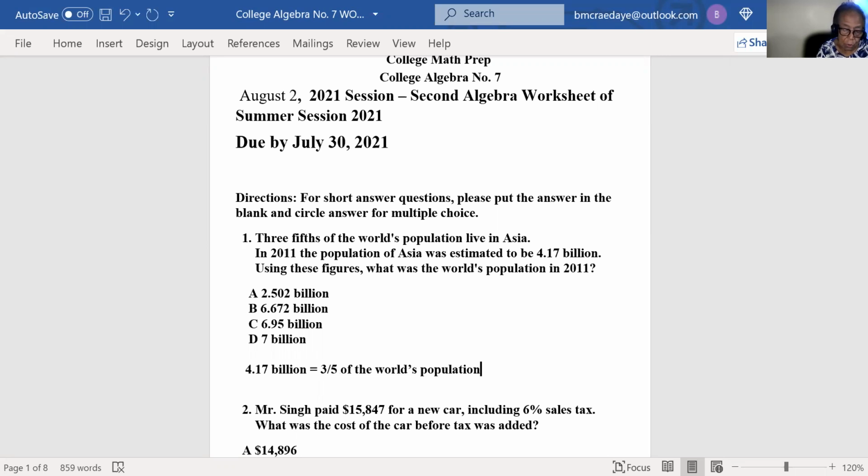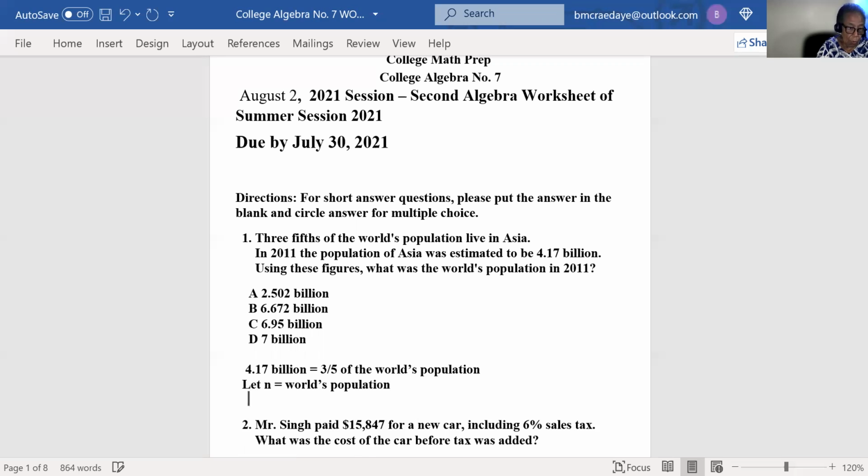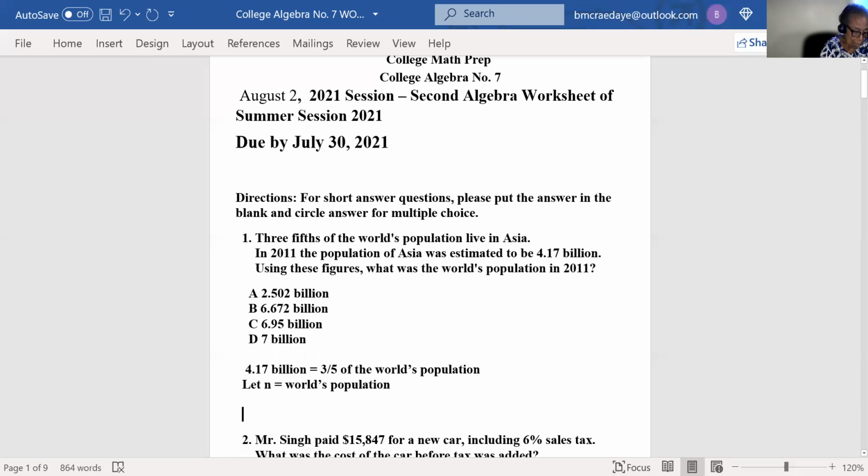Okay, now we can write that as an equation. 3/5 of n, let's say we let n equal the world's population. So that means I can say that 3/5 of n is equal to 4.17 billion.